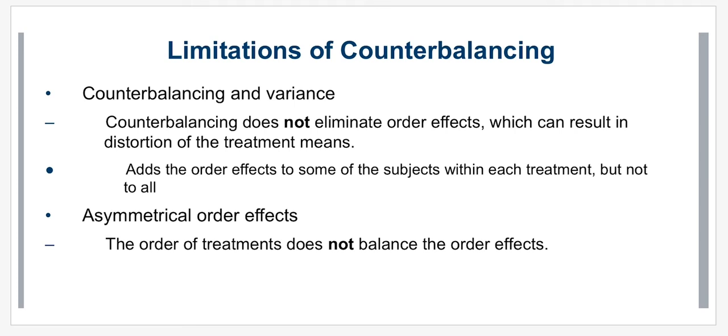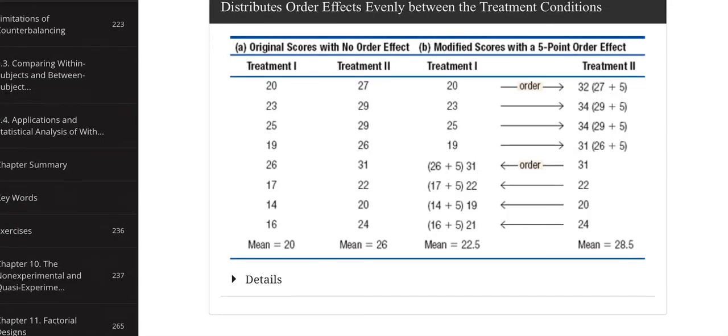And then also you have to be aware of asymmetrical order effects, where one treatment might produce more of an order effect than the other. So again, back to this example, we're saying that you're adding 5 for both. But what if going from treatment 1 to treatment 2 increased it by 5, but going from treatment 2 to treatment 1 increased it by 10?